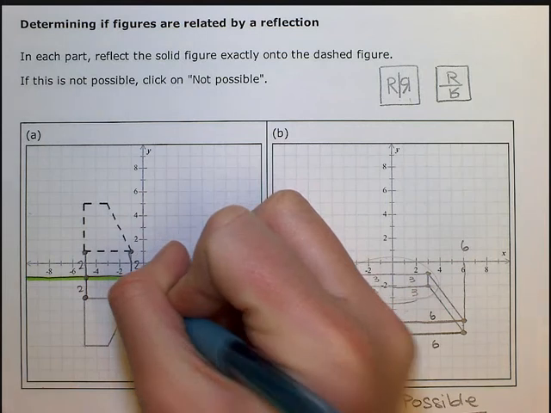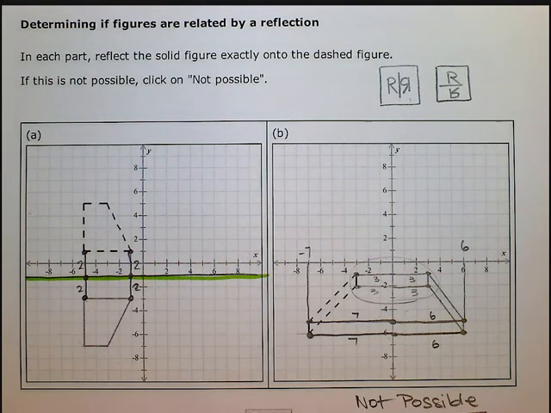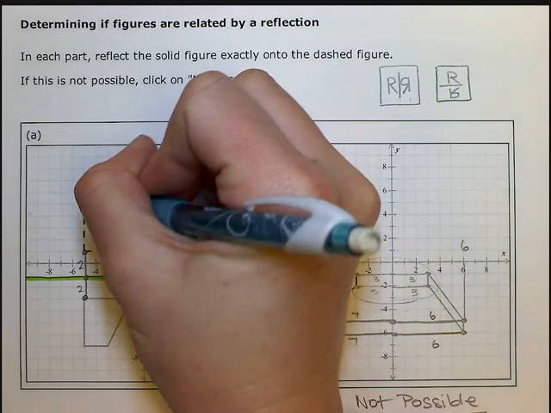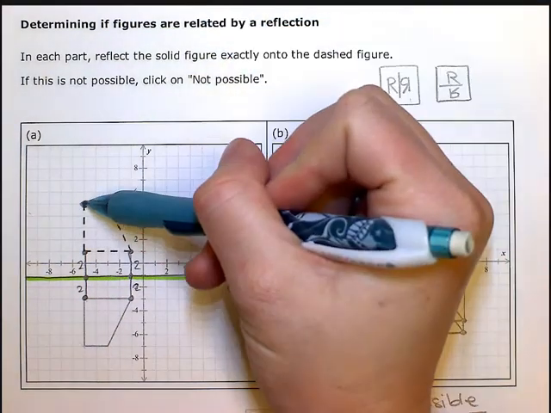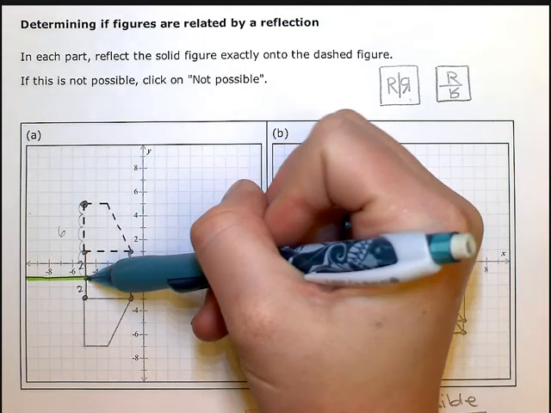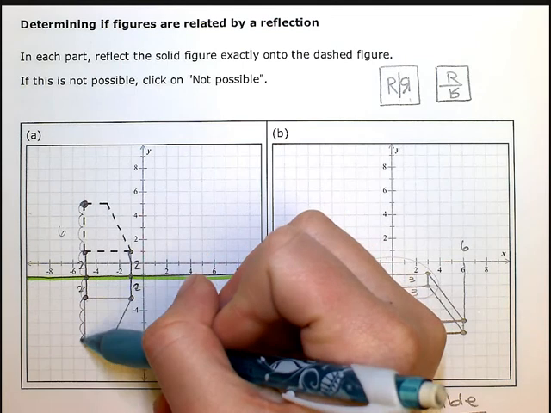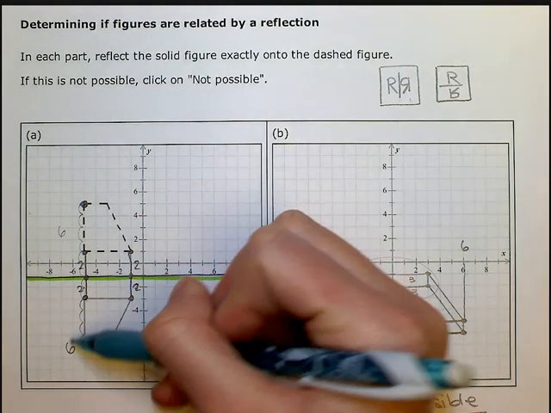So I can see that so far these points have been reflected nicely. So I just need to check the last ones. This point up here is 1, 2, 3, 4, 5, 6 away from my line of reflection. And this one is also 6 away. So these ones also match.